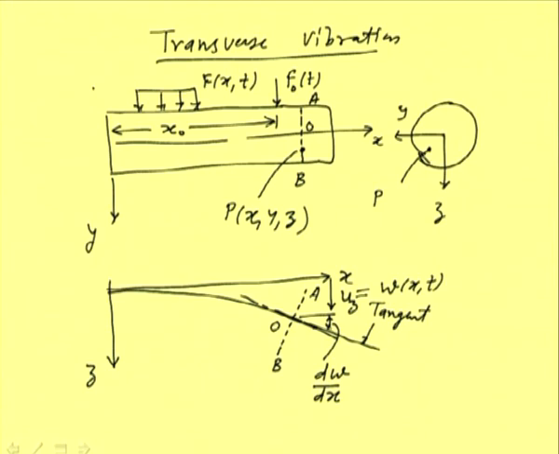Because of this slope, you can see that particular point P, which was originally here, has occupied this position P prime. We'll draw this particular diagram separately for more clarity.